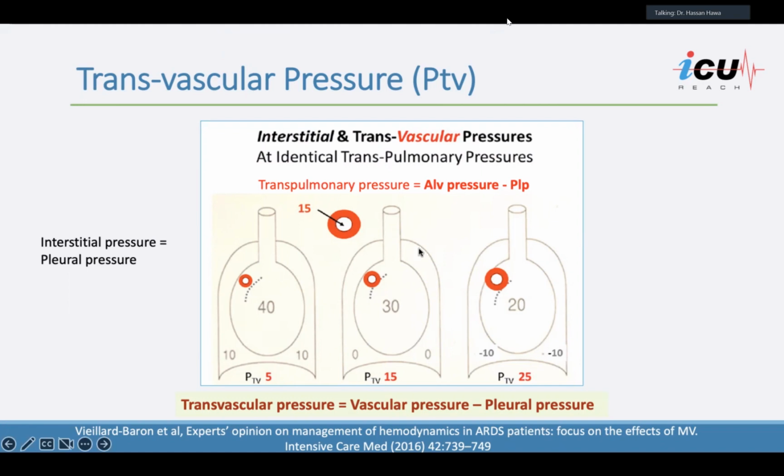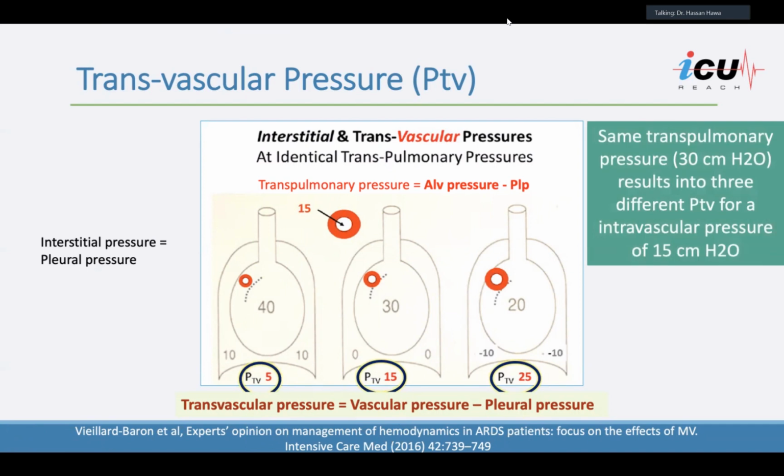And this is, if you like, just an example to illustrate the case. So for the same transpulmonary pressure, we can see here that the transvascular pressure is different from this patient to this patient to this patient. And this patient would really have a higher chance of having pulmonary edema.